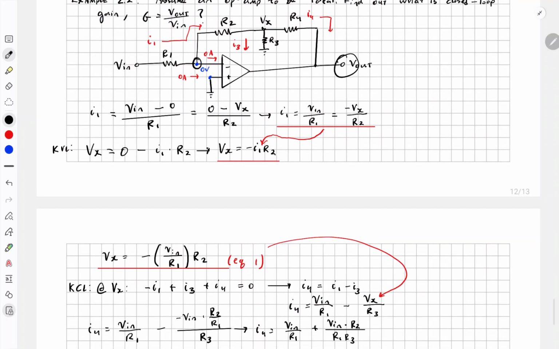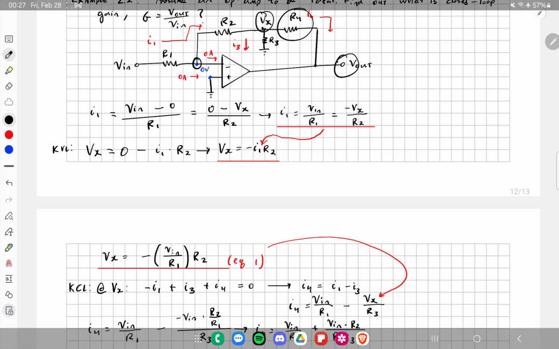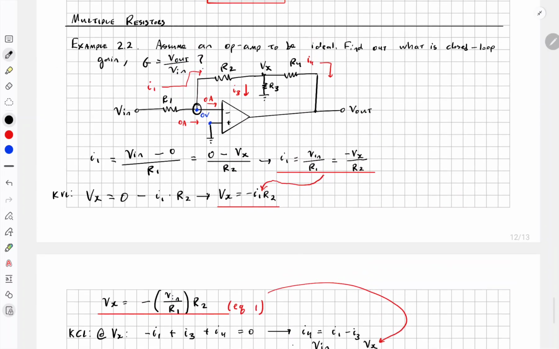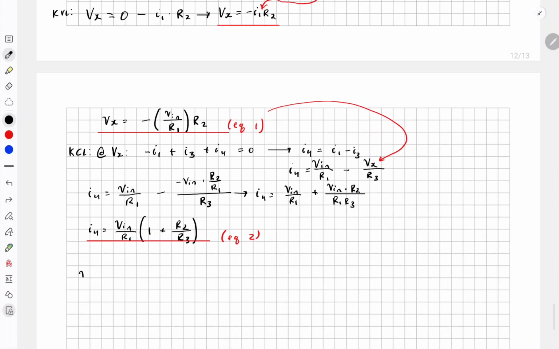Vout, what is this voltage, is equal to this voltage minus the voltage drop across this resistor, right? So Vout is equal to Vx minus I4 R4.